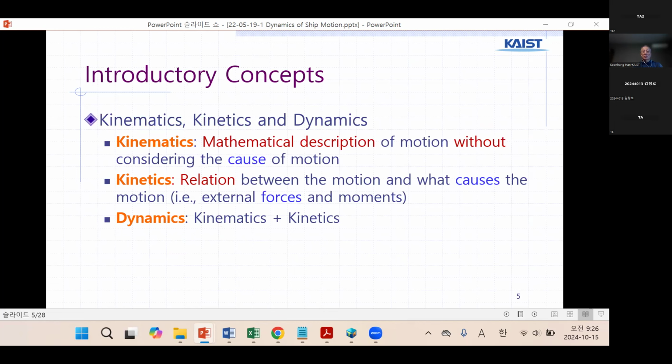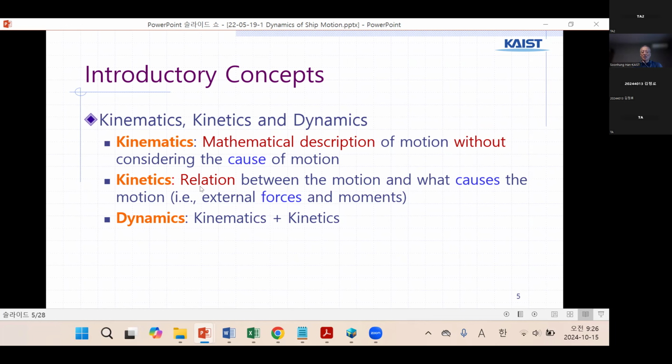So there are similar wordings: kinematics and kinetics and dynamics. Kinematics is considering only the description of motion, not considering the cause of motion.